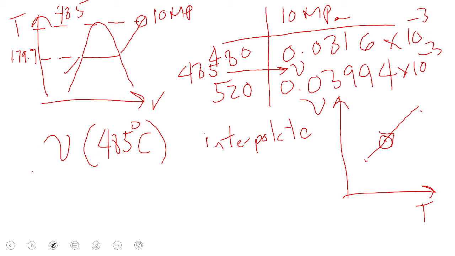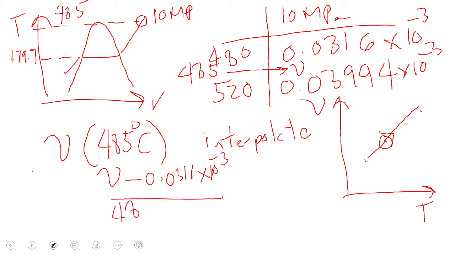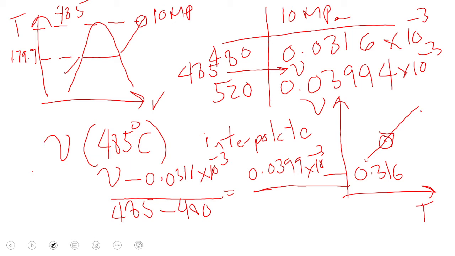So how would we do that? V minus 0.0316 times 10 raised to power minus 3, divided by 485 minus 480, equals 0.03994 times 10 raised to power minus 3 minus 0.0316 times 10 raised to power minus 3, divided by 520 minus 480.